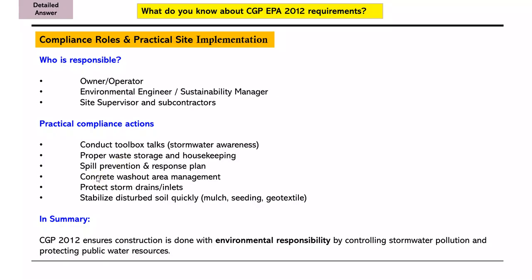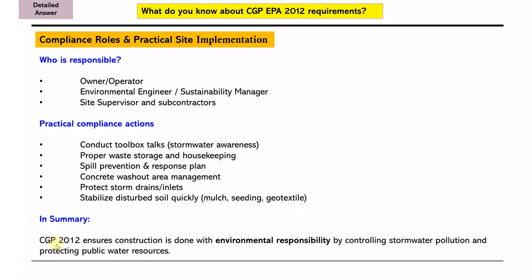Then you have a specific place for concrete washout, where you will wash your concrete transit mixers. Then protect storm drains and inlets. And last, stabilize disturbed soil quickly by protecting with geotextile or seeding.